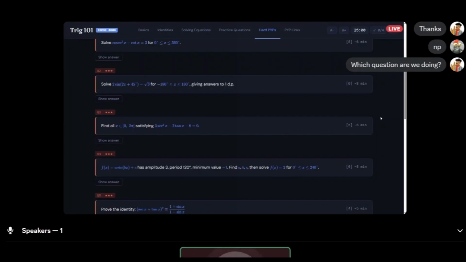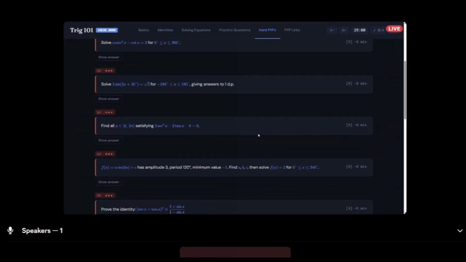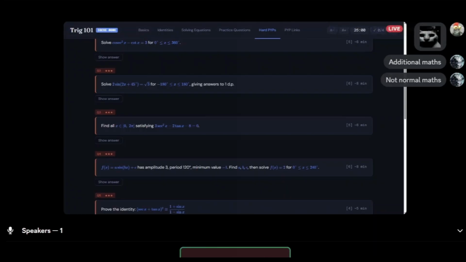We are currently doing the third question. So this is IGCSE, it's just Maths.